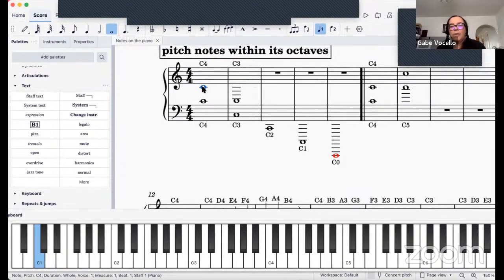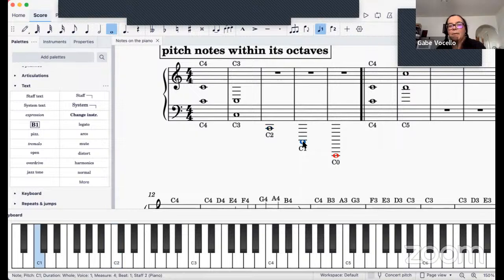So that's C4. Below the C4, C3 is the second space on the bass clef, or below the 4th ledger line on the treble clef. C2 is the second ledger line on the bass clef.